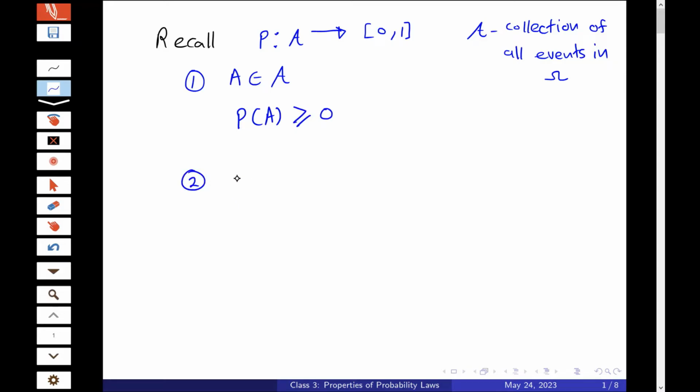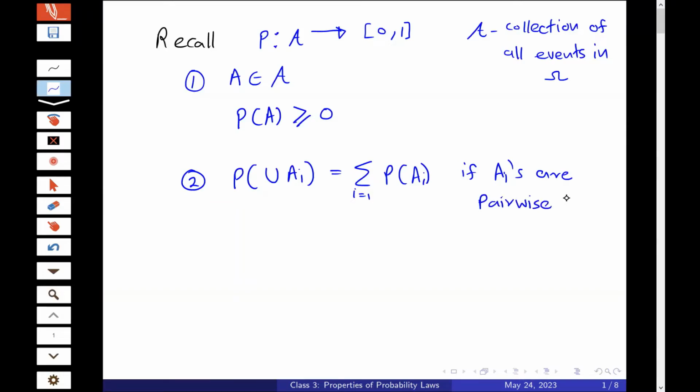So you can add the probability of unions, if the events A are pairwise disjoint.